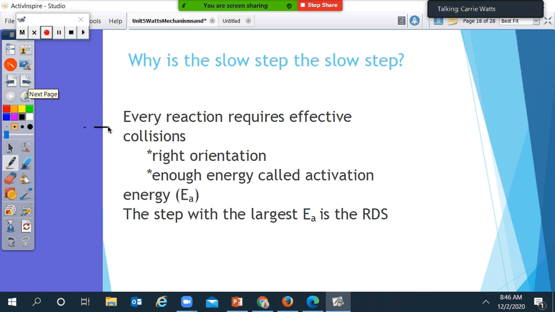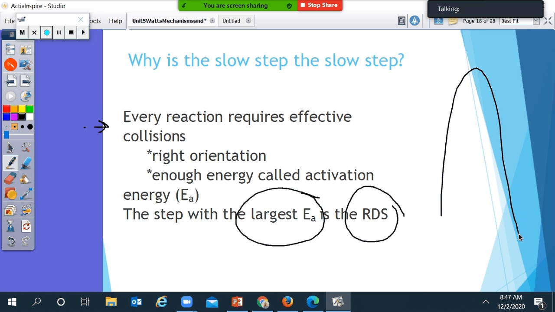Because every reaction requires the right collisions, effective collisions, right orientation, enough activation energy. The step with the largest activation energy is the rate determining step, meaning the highest peak. The highest difference between the reactants and that activated complex is going to be your rate determining step. And you can look at a potential energy diagram and see that.